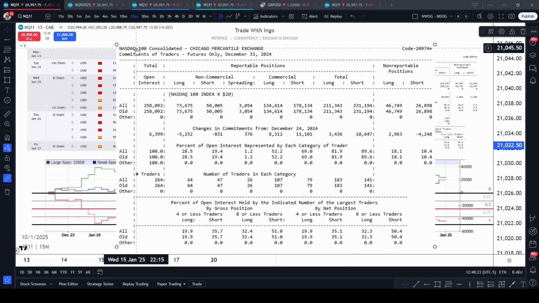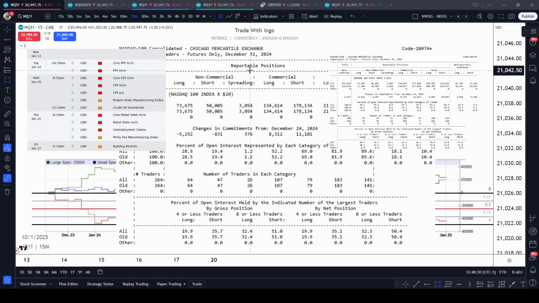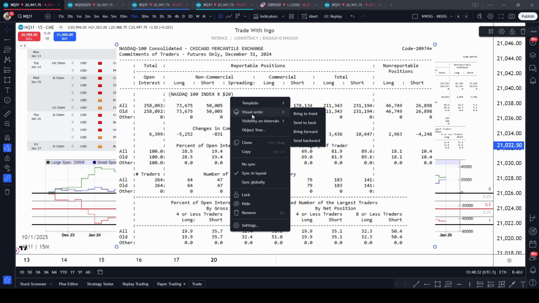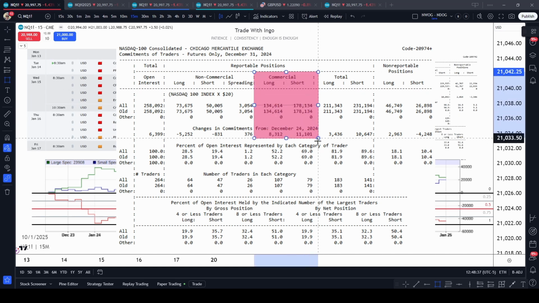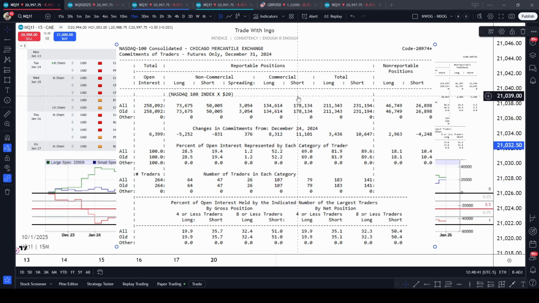Okay, over here we look into Nasdaq 100 consolidated, and I'm only interested in the commercial column over here, and as you can see, our commercials are currently heavily net short. 178,000 is obviously bigger than 134,000.